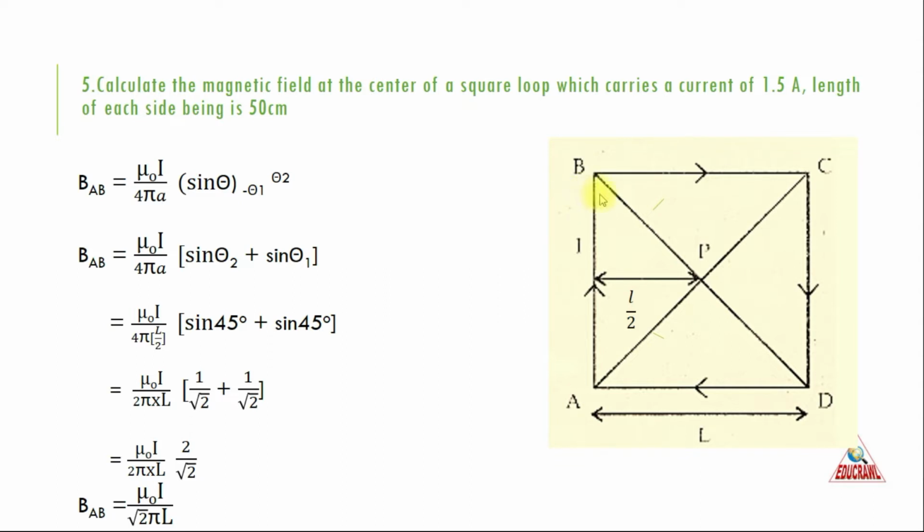We know the expression for magnetic field produced by a long straight wire, which is given by mu naught I by 4 pi a, integrating sine theta within the limits minus theta 1 to theta 2. This is the expression we had discussed in the derivation of the magnetic field produced around the long current carrying conductor.